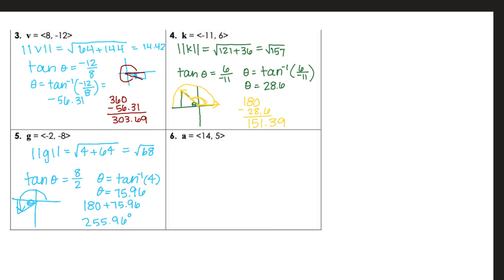All right, and number 6, pretty straightforward problem. We're in the first quadrant. We have the magnitude of A. We have the square root, 14 squared plus 5 squared, and that's going to give you 14.87.